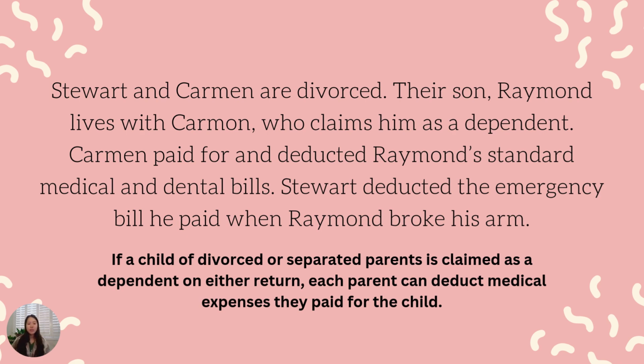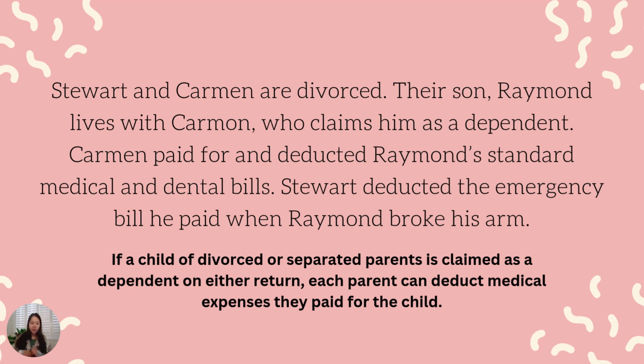If the child of divorced or separated parents is claimed as a dependent on either return, each parent can deduct medical expenses they paid for the child. So in this situation, Carmen is the custodial parent. She claims him as a dependent.